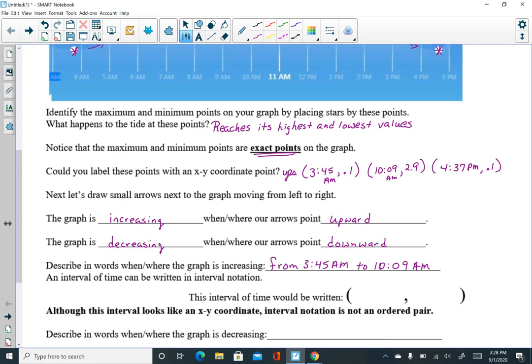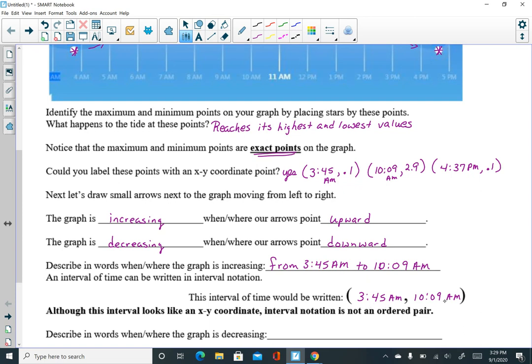As I've mentioned, this can be written in interval notation, and this interval of time would be from, and we would write that as 3:45 a.m. to 10:09 a.m., like that, okay? Using parentheses. Again, increasing and decreasing, we'll always use parentheses. I'll draw this next piece here to your attention.